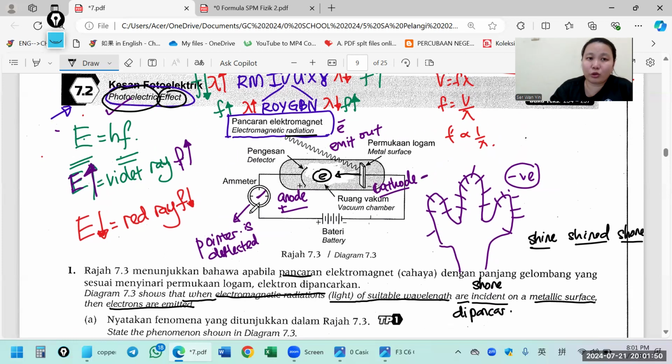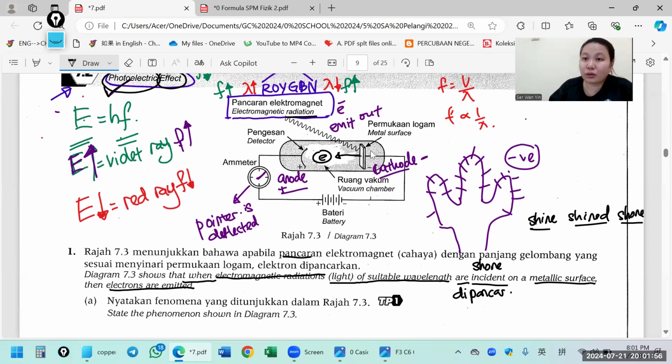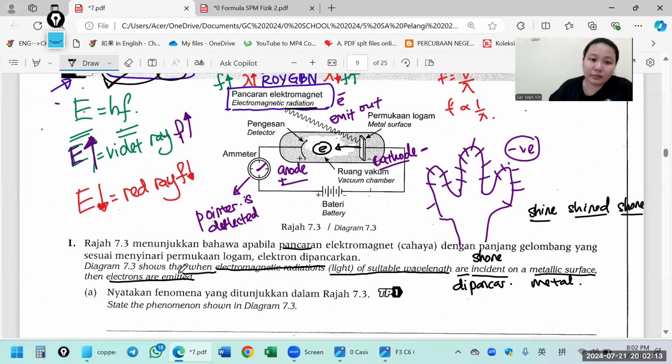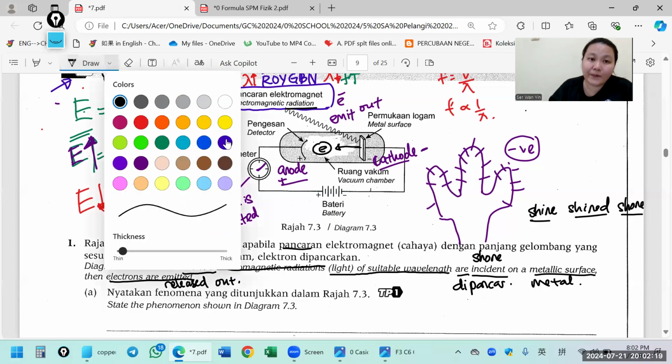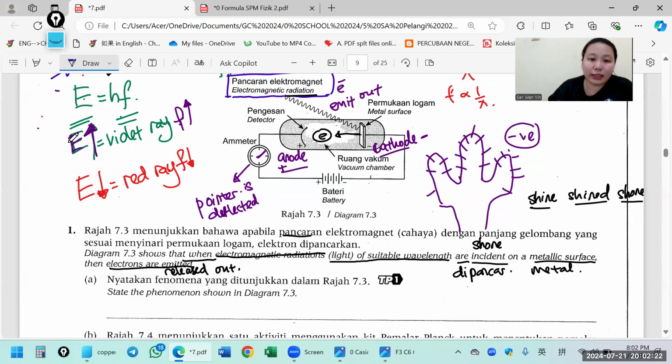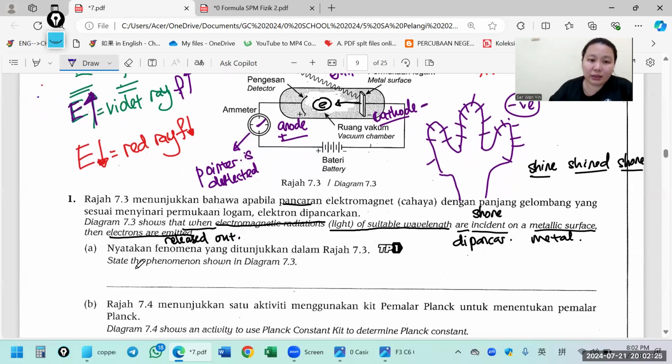Shone is the past participle of shine. So photo means light with a certain wavelength is shone on the metallic surface, or on a metal. Electrons are emitted out. Emitted means released out. Now this phenomenon is called the photoelectric effect.